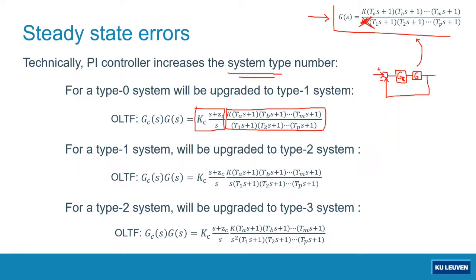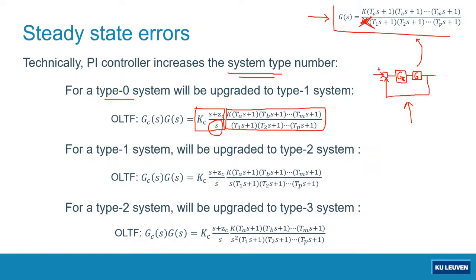PI controller has one pole that is equal to 0, right? So what will happen after I introduce a PI controller in my type 0 system? The type number of my unity feedback system now is increased to type 1 system, right?